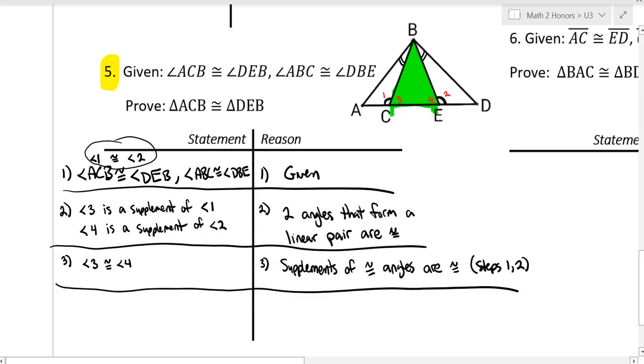So why did I do that? Well, now the triangle I have in green, I've just shown that base angles are congruent. So I can now say it's an isosceles triangle. I could say that BC is congruent to BE by the converse of the isosceles triangle theorem.